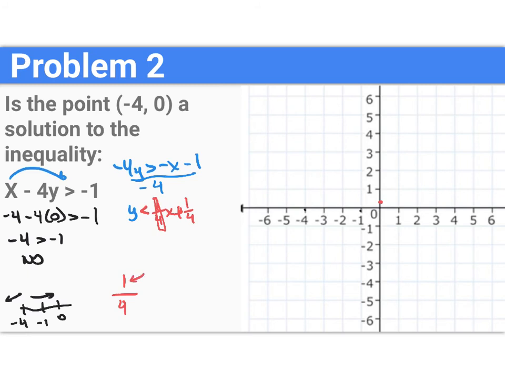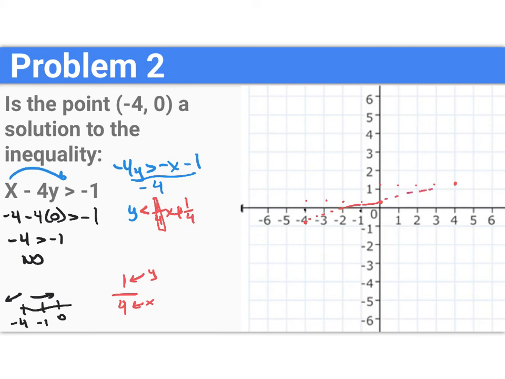The numerator is your y, the denominator is your x. So for every 1 I go up, I go over 4. 1, 2, 3, 4. And to the left, doing the same thing, I go 1, 2, 3, 4, down 1. And this is less than, so it's a dotted line.